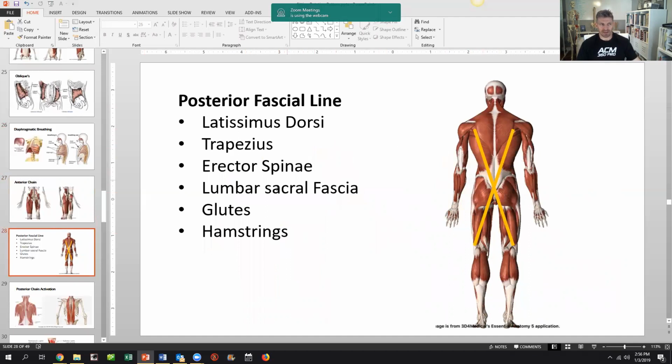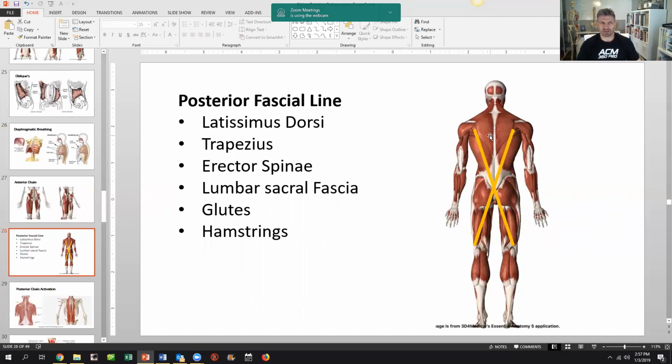The erector spinae, obviously, the lumbosacral fascia, that white area, the glutes and the hamstrings, all contribute to that posterior fascial chain. And so I always like to talk about the lower extremity as a contributor to what's happening in the upper back, especially for symmetry, shoulders that elevate, or rotation somewhere. But it's usually found somewhere down the kinetic chain.